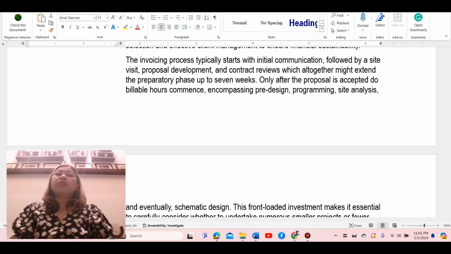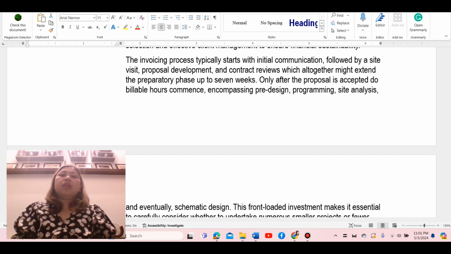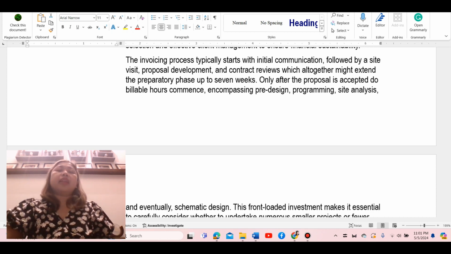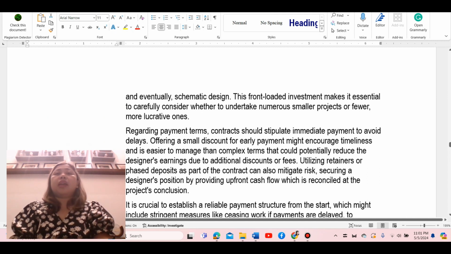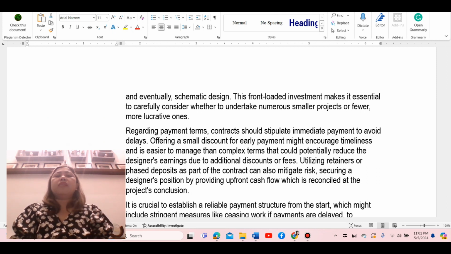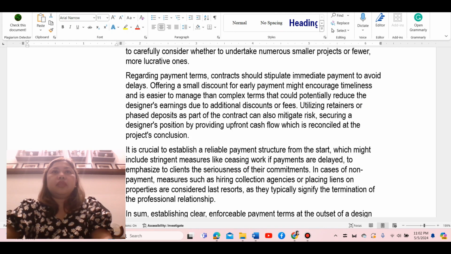So only after the proposal is accepted do billable hours commence, encompassing pre-design, programming, site analysis, and eventually schematic design. This front-loaded investment makes it essential to carefully consider whether to undertake numerous smaller projects or fewer, more lucrative ones.